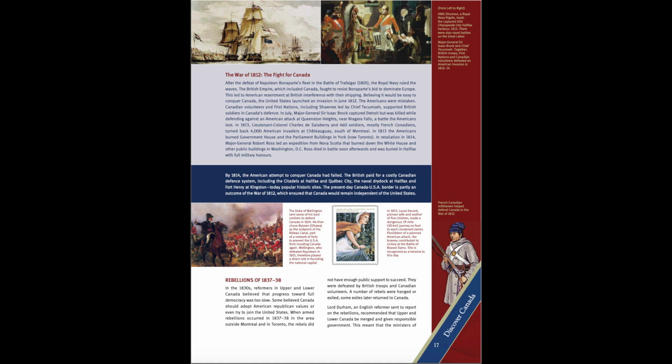The people were rebelling against the British government, which was part of the Canadian government. They didn't have enough public support. People didn't like their ideas. So the British troops defeated them. Some of these rebels were hanged, meaning killed. Some of them were sent out of the country, exiled, but later they returned to Canada when things changed.